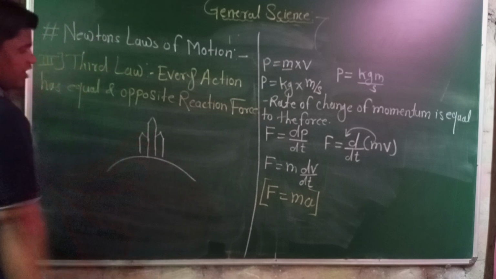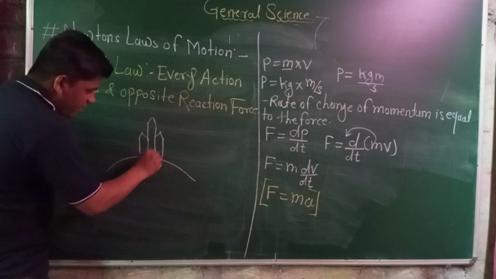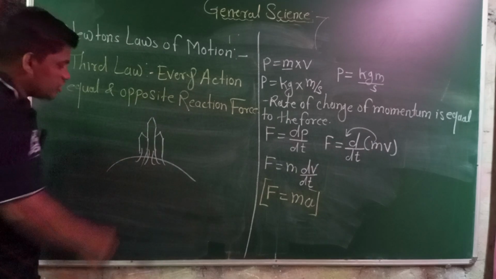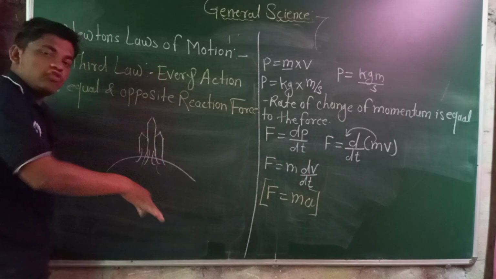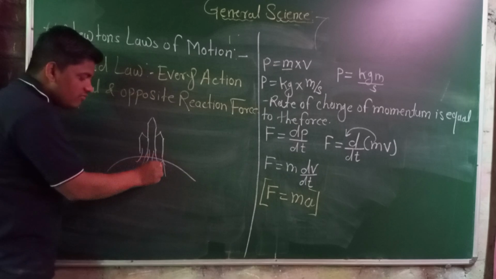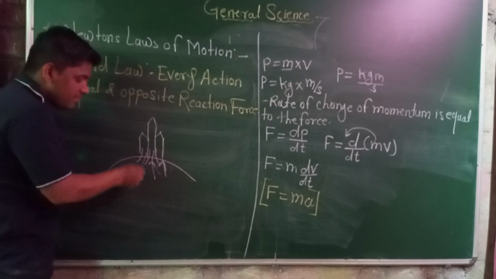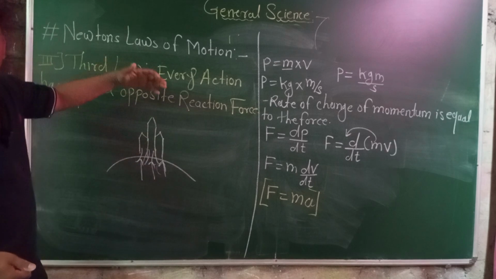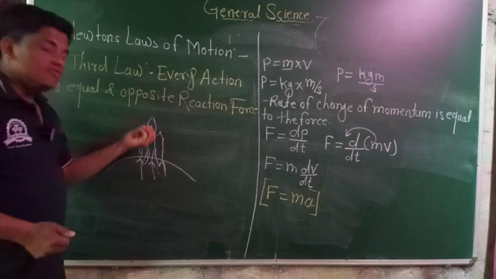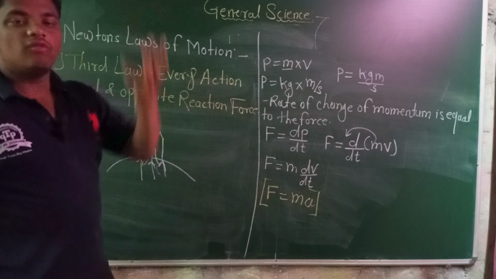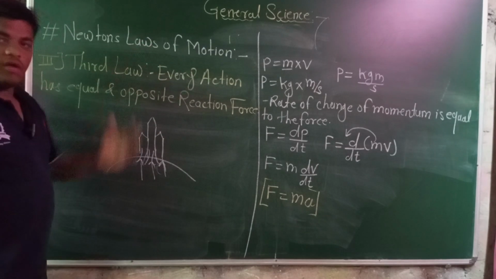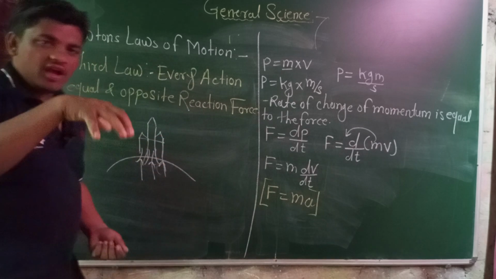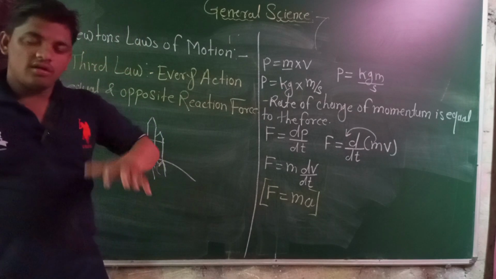At the time of launching, the rocket pushes on the surface of the earth, applying an action force, and the earth applies a reaction force equal and opposite in direction.